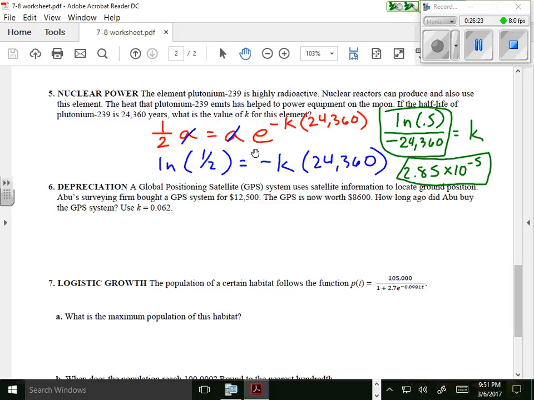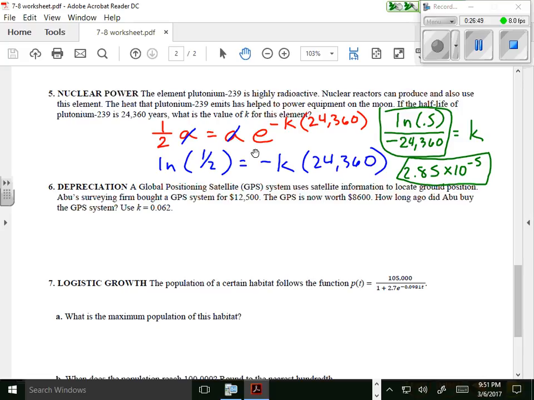Depreciation. Global positioning satellites use satellite information to locate the ground position. The survey firm bought a GPS system for $12,500. The GPS system is now worth $8,600. How long ago did they buy the GPS system? If the K that we're going to use is 0.062.